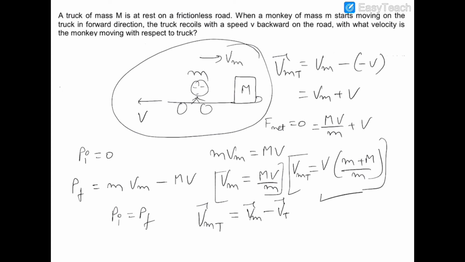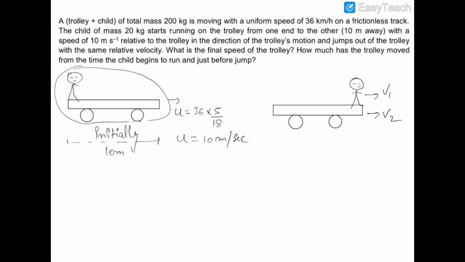Now let's move on to the next question. In this question, it is given that there is a trolley which has a boy who is standing on the trolley, and the total mass of the trolley and the boy is 200 kg. Now this system is moving with the initial velocity of 36 kilometers per hour, which is 10 meters per second, and this system is moving on a frictionless track.